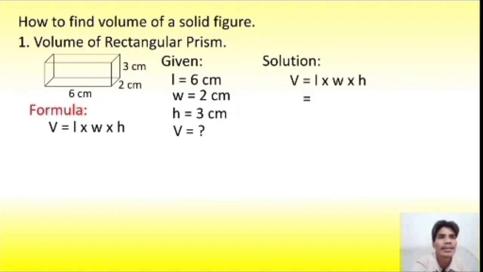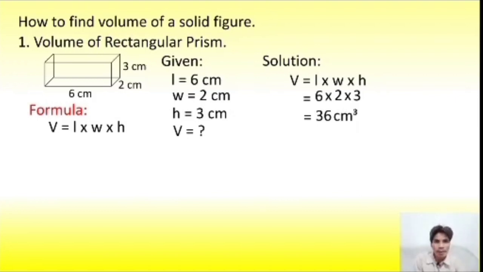Then solution, copy the formula, volume equals length times width times height. Then equals, the length is 6 times the width na 2, then times the height na 3. Then equals 6 times 2 times 3 is 36. Then copy the unit, cm, then write cube.